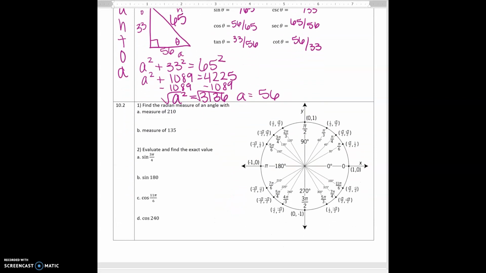10.2 is when we were looking at the unit circle. So find the radian measure of the angle with a measure of 210. So find 210 on the unit circle right here. And then the radian would be 7 pi over 6.